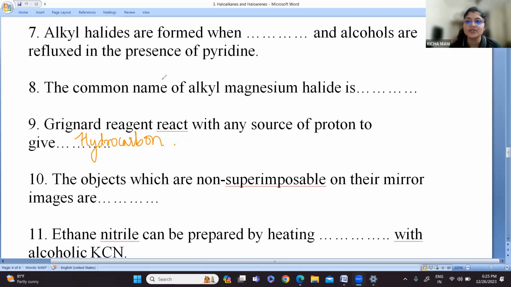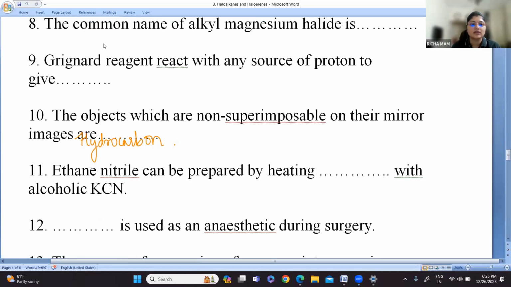The objects which are non-superimposable on their mirror images, what are they called? Yes, students, what are they called?